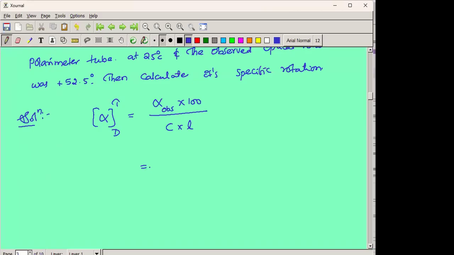Here alpha observed is 52.5 degrees into 100, divided by the concentration. A 5% solution means 5 grams of glucose is present in 100 ml of water, so that is 5 by 100, into the length of 20 centimeters.